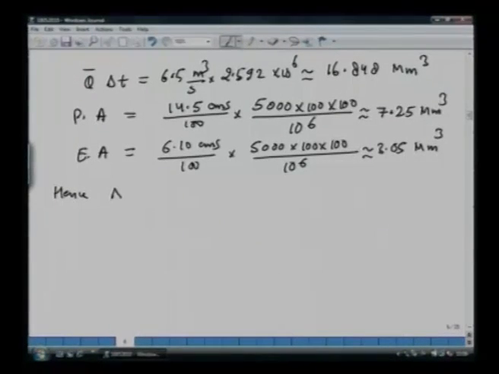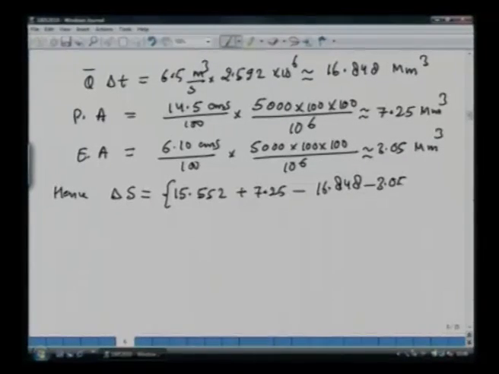Therefore, we will have delta S is equal to 15.552, that was the inflow, plus 7.25, the precipitation, minus 16.848, the surface outflow, and minus 3.05, your evaporation losses, and all these numbers are multiplied by 10 to the power 6, so that this is in meter cube.